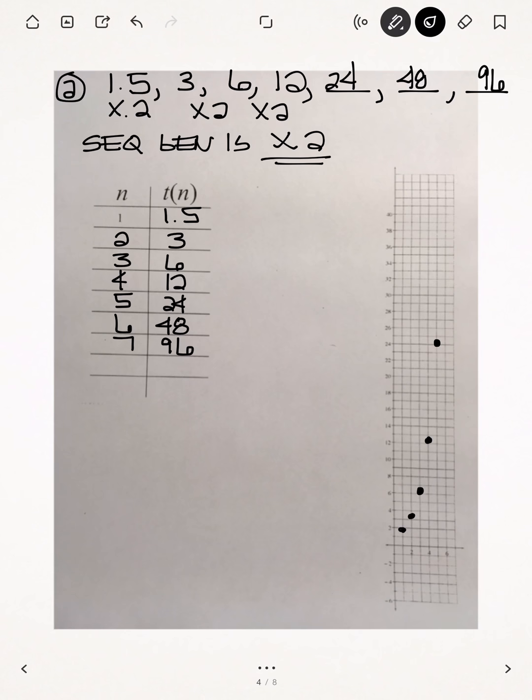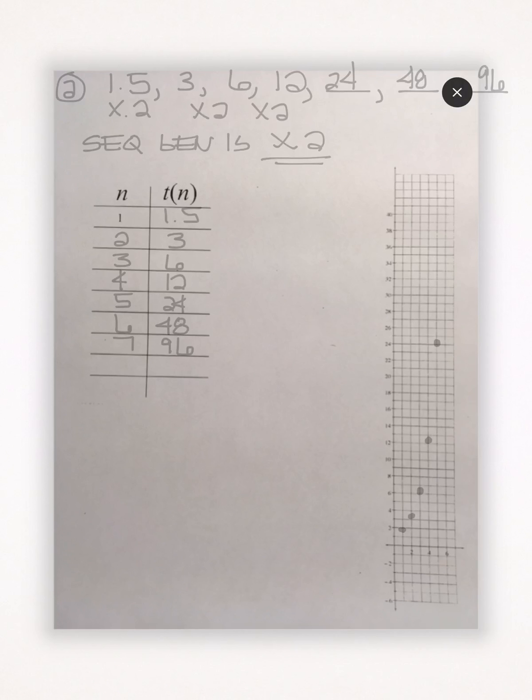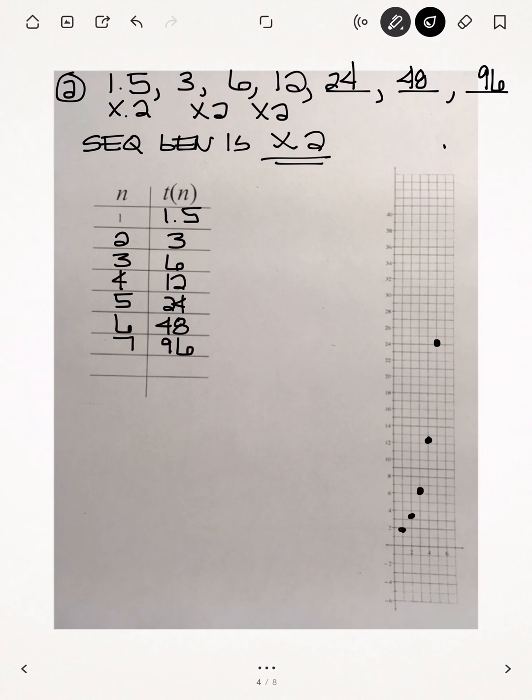Over 6, up 48. Now I'm going to be off my graph, so I know it's going to be up here somewhere. And of course I'm not going to be able to graph the 96, so I'm not going to worry about that.